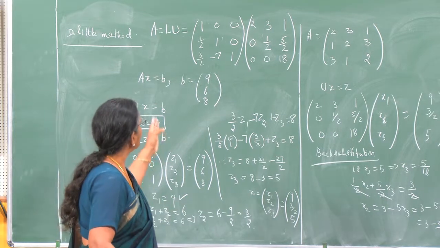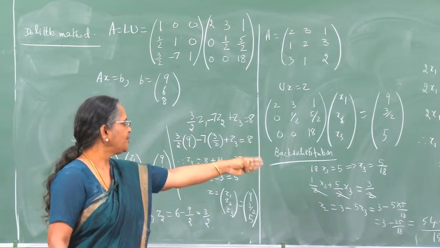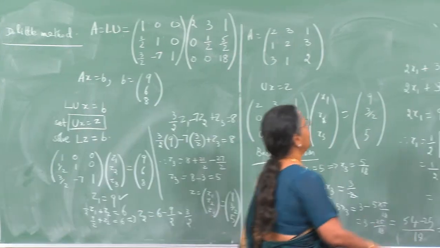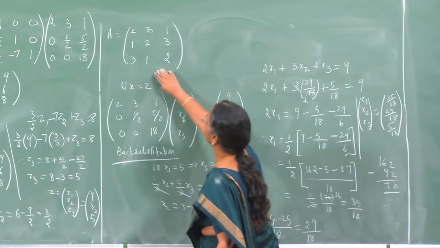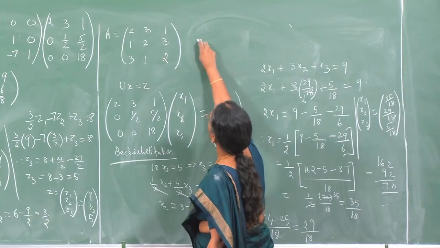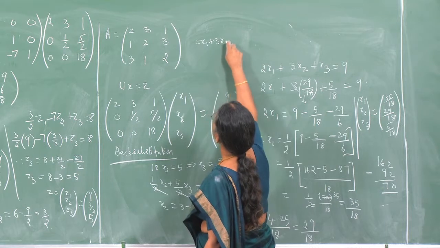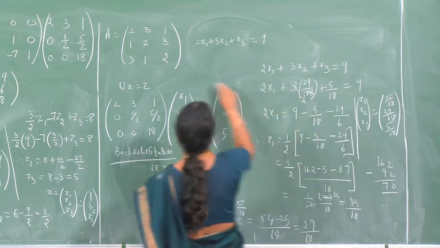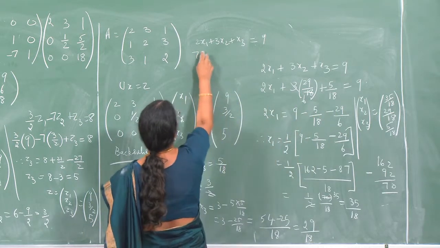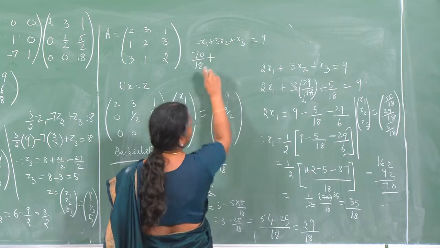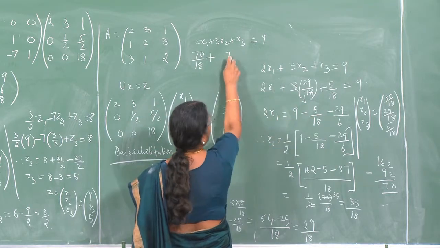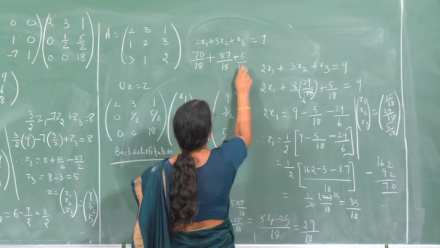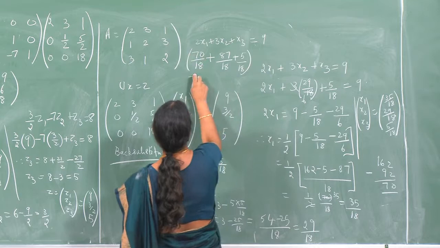So, you try to see whether your computed solution is correct by substituting the solution in the given system. So, you must have 2 times x1 plus 3 times x2 plus x3 should be equal to 9, and you obtained x1 as 35/18. So, 70/18 plus 3 x2. So, 87/18 plus x3. So, 5/18, and that is your left hand side.